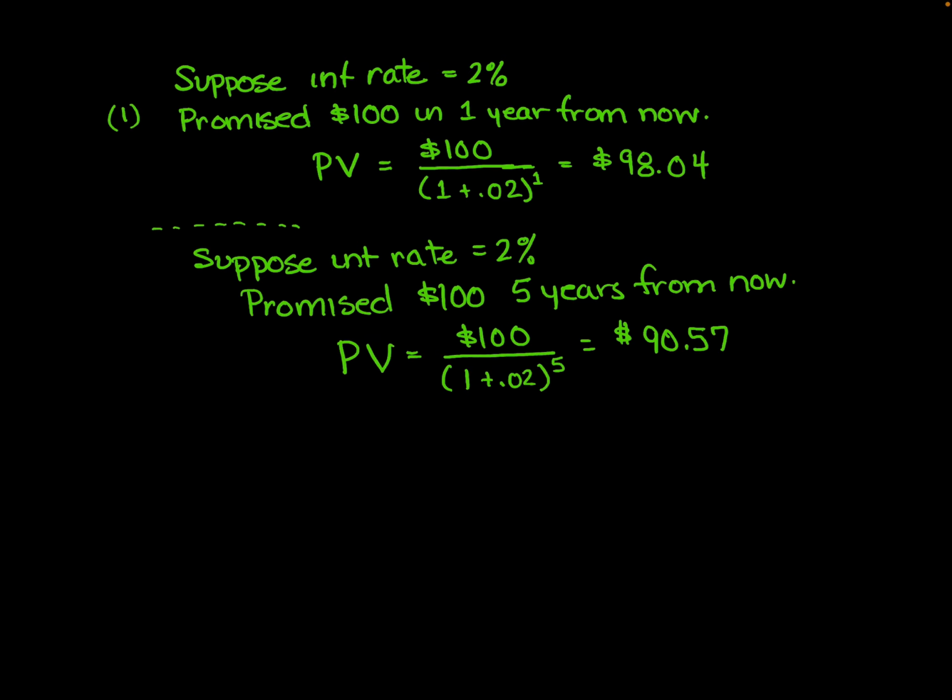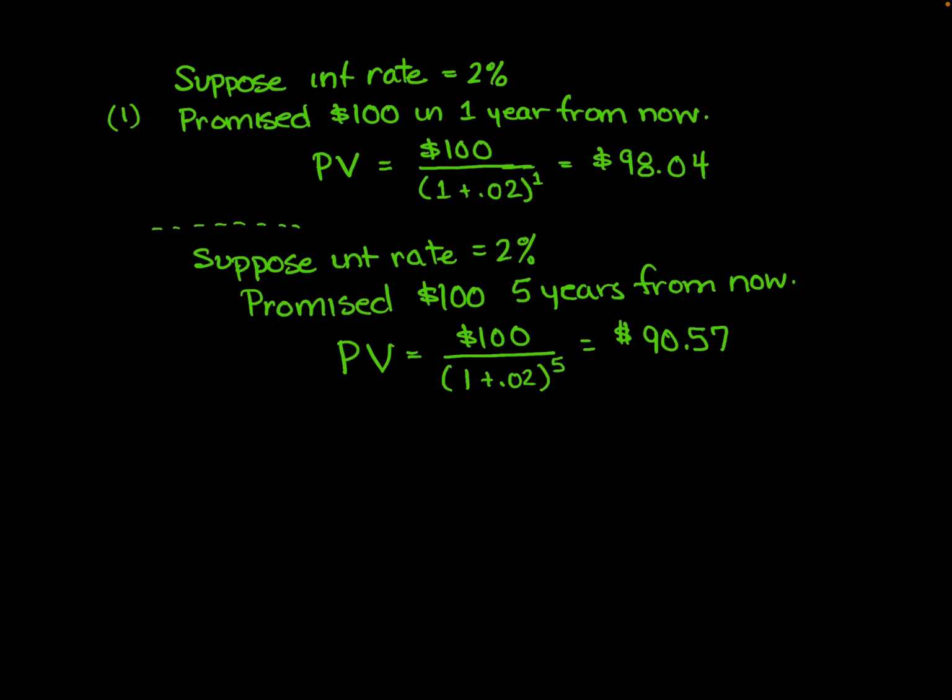So what is this saying? This is saying, and you can check the math, that if you had $90.57 today, it would grow to be $100 in 5 years. Similarly, if you had $98.04 today and the interest rate is 2%, it would grow to be $100 1 year from now.